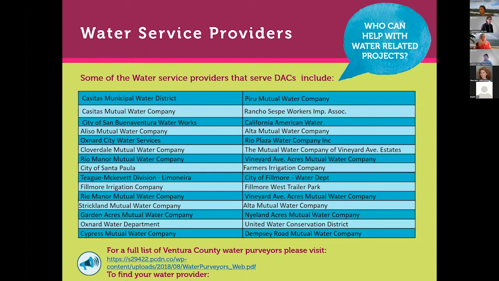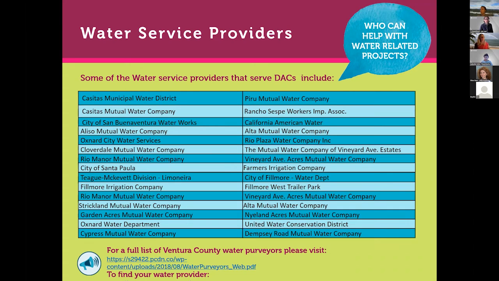And so we put together these agencies, and you can see by this list, there's a lot of them. A lot of them are really small. Some of them you may never have heard of before, very small mutual water companies. And then the cities and the larger water agencies that serve those disadvantaged communities, or underserved communities as we prefer to refer to them.